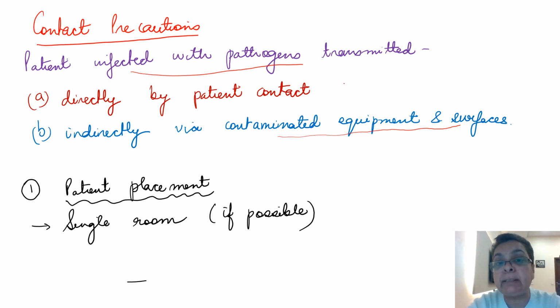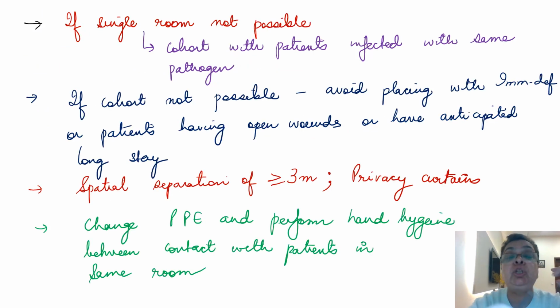The first one is, once you've identified your patient, you should see what kind of patient placement should be done. Preferably this patient should be put in a single room, if possible, a single occupancy room. If a single occupancy room is not possible, then we're going to cohort them with patients who are infected with the same pathogen.